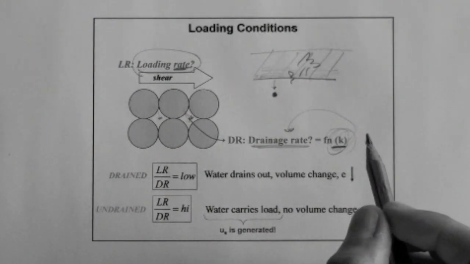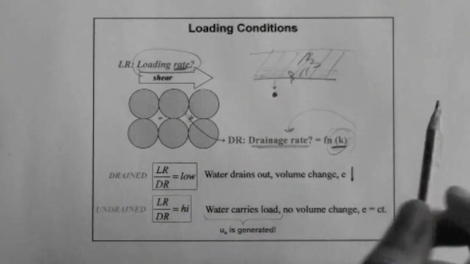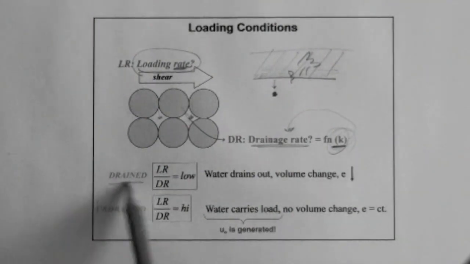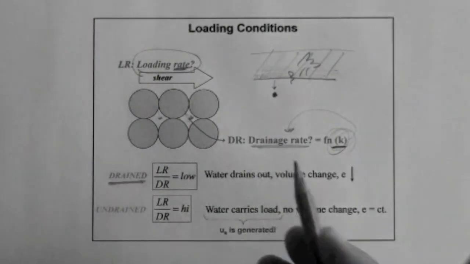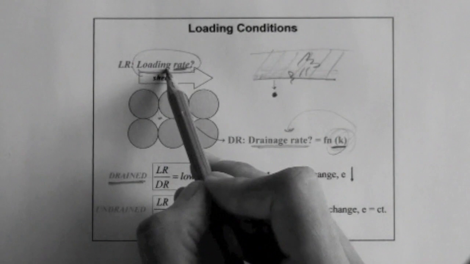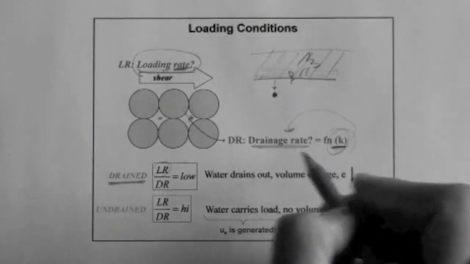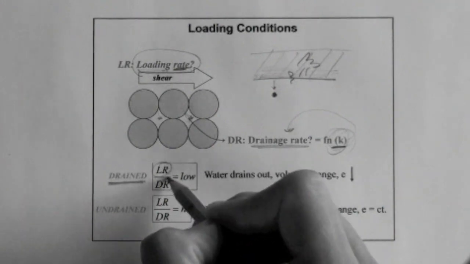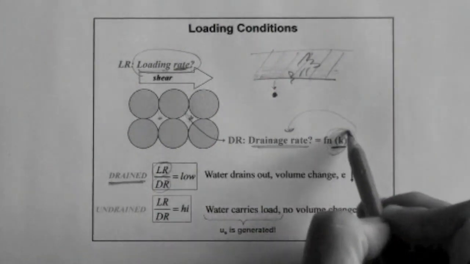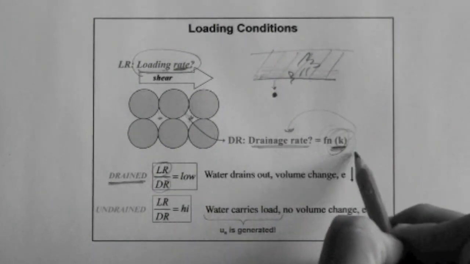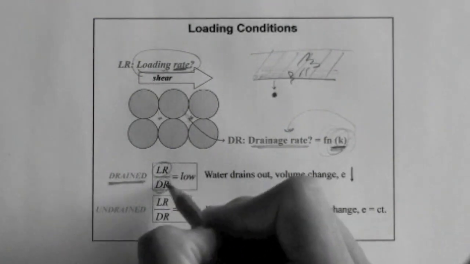In that case, we have what is called a drained condition, because the ratio of the loading rate, which is low in our example, versus the drainage rate, which is very high because the hydraulic conductivity is high, is very low.